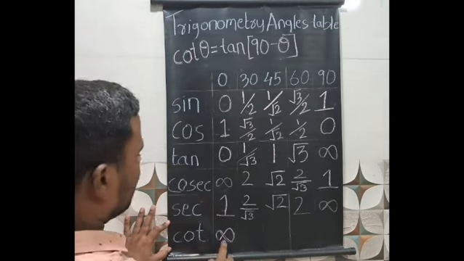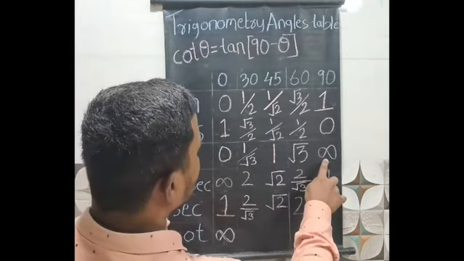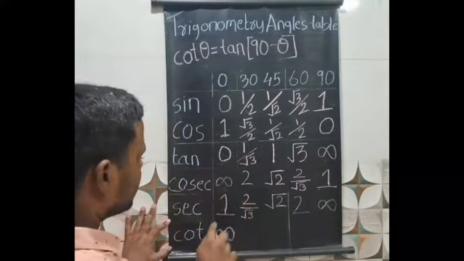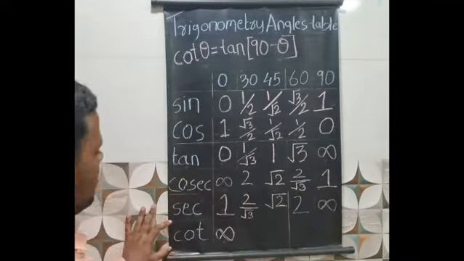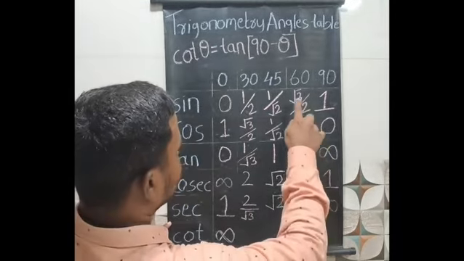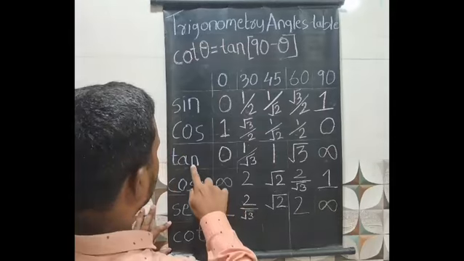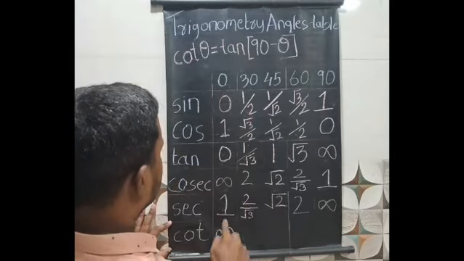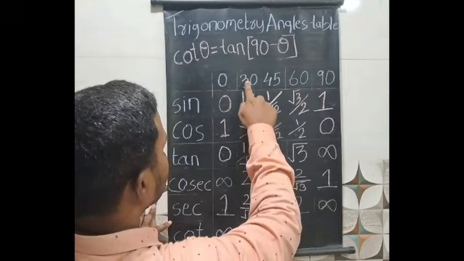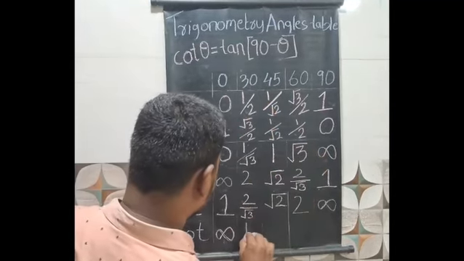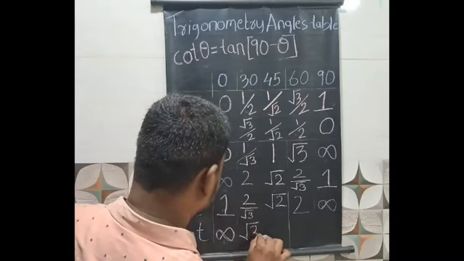Similarly, we write all the values of tan for 0, 30, 45, 60, 90 in the reverse order for cot. Tan 90 is infinity, so we write cot 0 as infinity. Moving ahead, cot 30 will be tan 60, so it will be root 3.